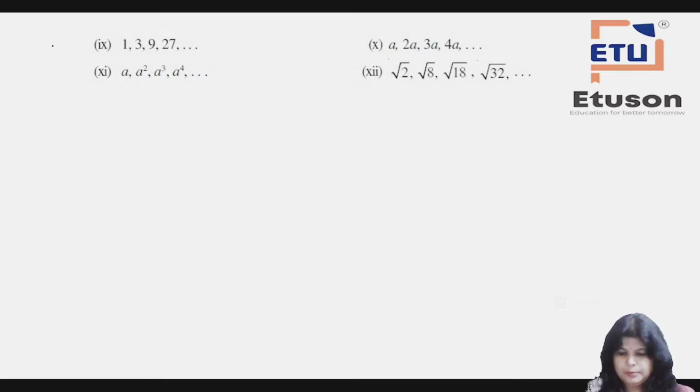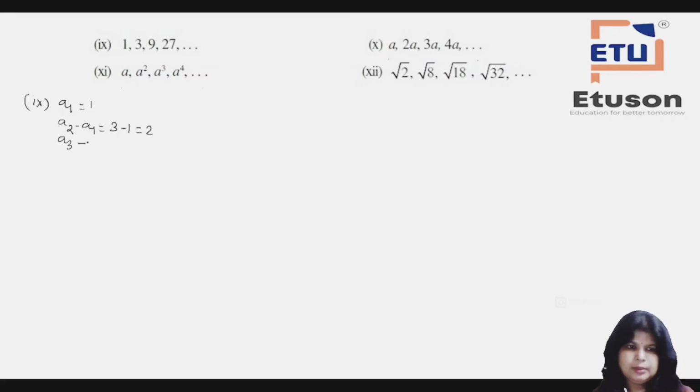Now it is bit 9. So we have first term A1 is equal to 1. So let us find out the difference. A2 minus A1, that is 3 minus 1 is 2, and A3 minus A2 is equal to 9 minus 3, equal to 6.